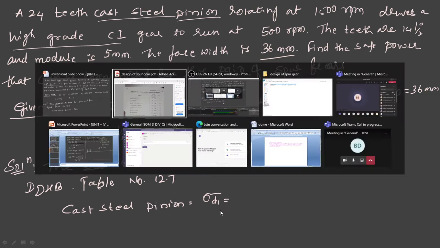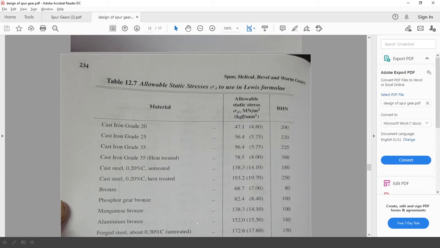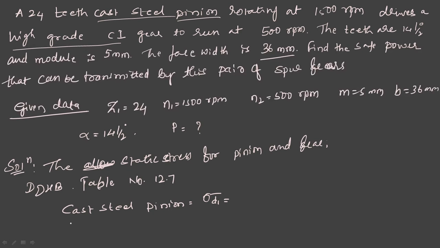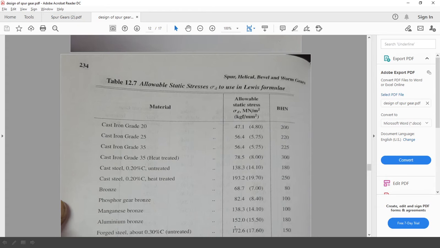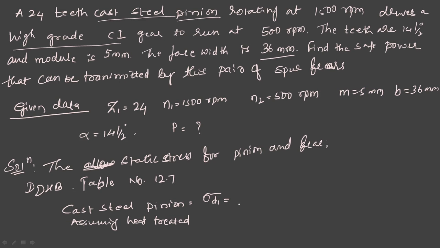For the cast steel pinion, let us consider 0.2 percent carbon, heat treated. Assuming heat treated, it is 193.2 Newton per mm square.